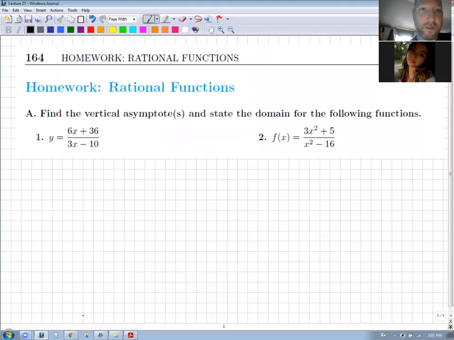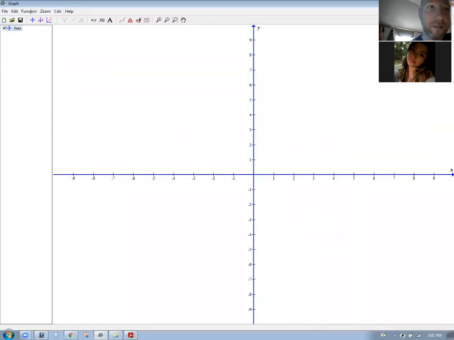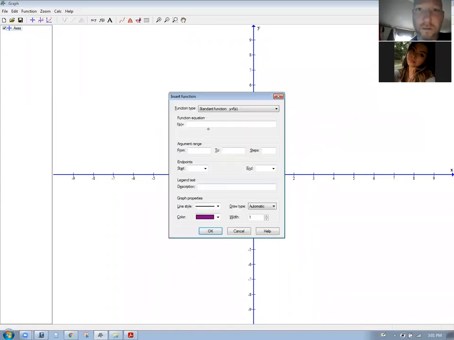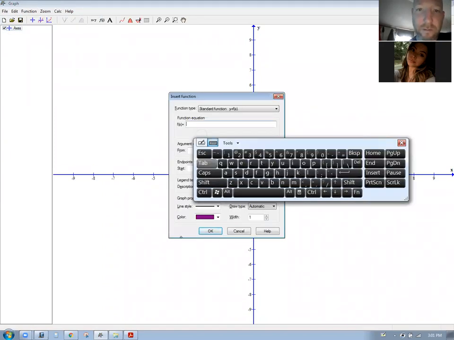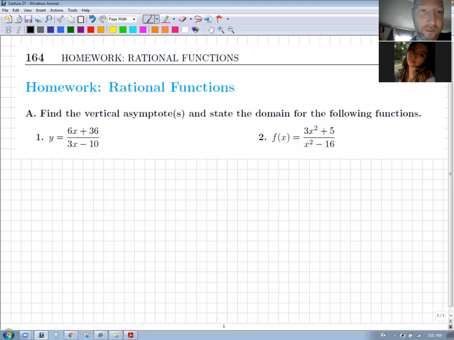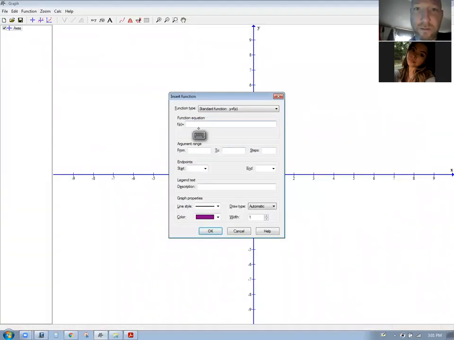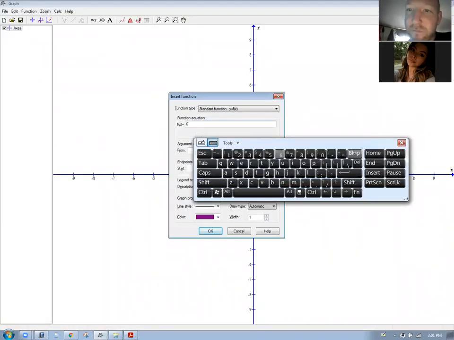There's this function: 6x plus 36 over 3x minus 10. 6x plus 36 divided by 3x minus 10.